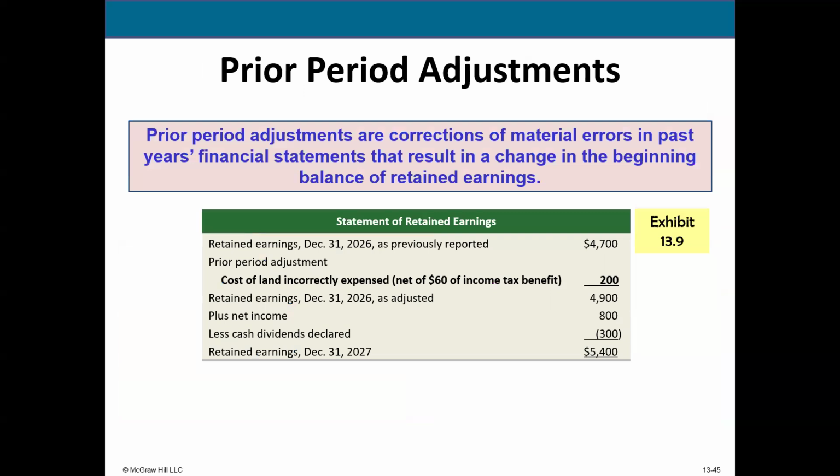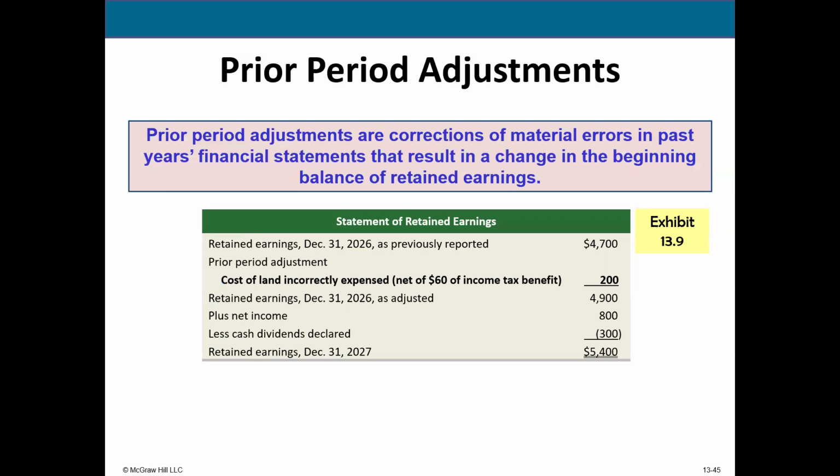Here we have some adjustments that we can make to retained earnings. Prior period adjustments, we call these corrections that have been made to prior financial statements. We make these adjustments to retained earnings because we can't go back in time and change stated financial statements. So we do make any type of correction to retained earnings.